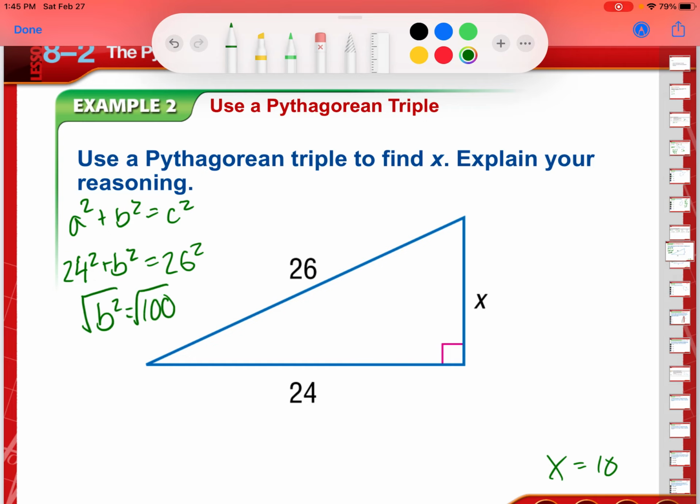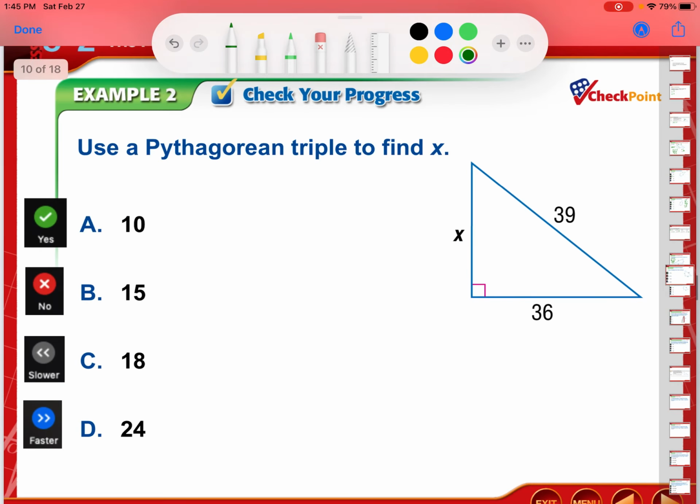So we would have b squared equals 100. We would take the square root of each side, and look at that, b equals 10. So it took me an extra 20 seconds to do it the long way. Got the same answer either way. So it really is dealer's choice if you want to learn those or not.